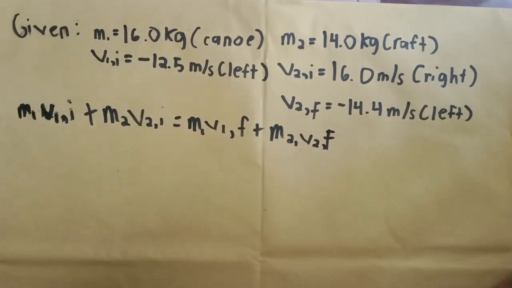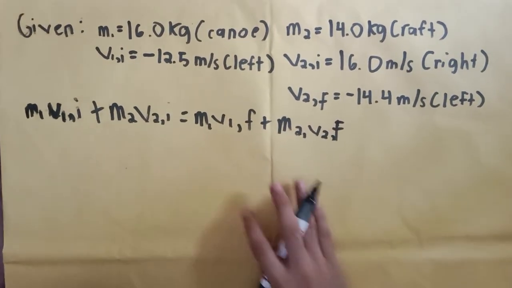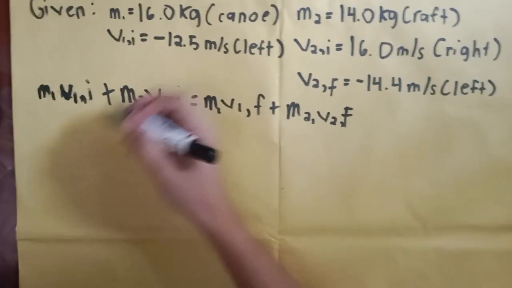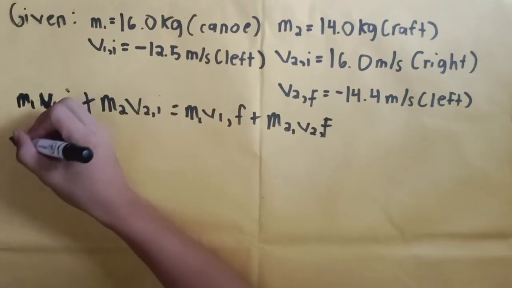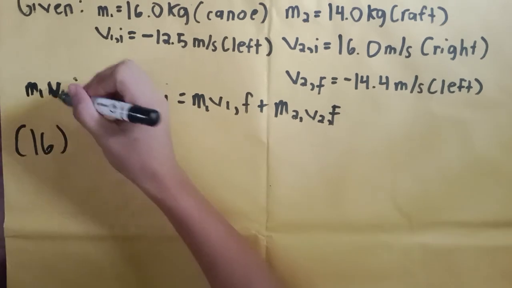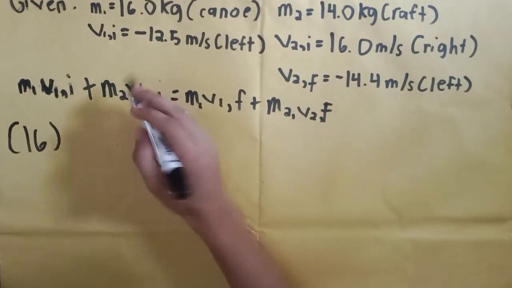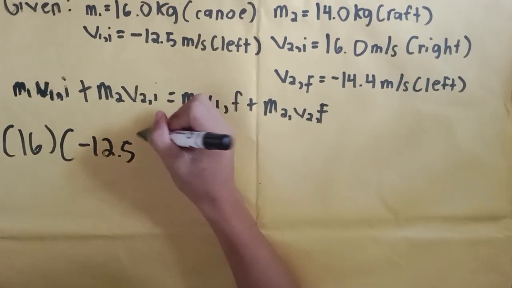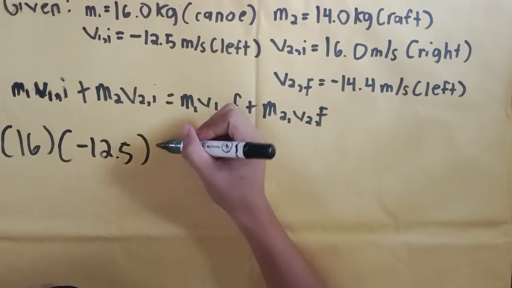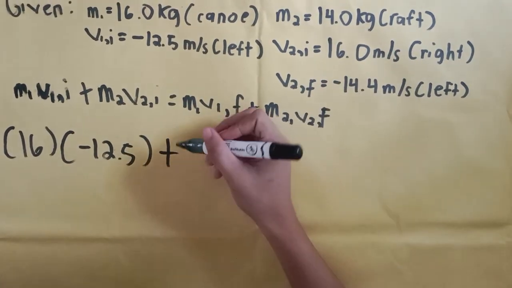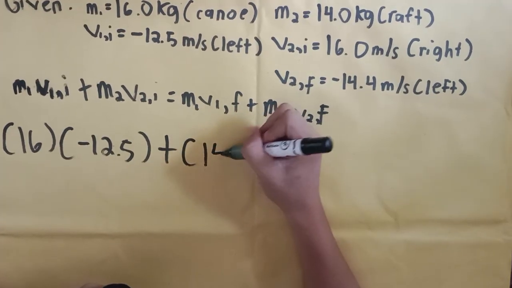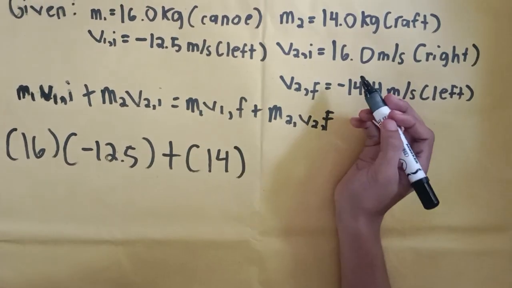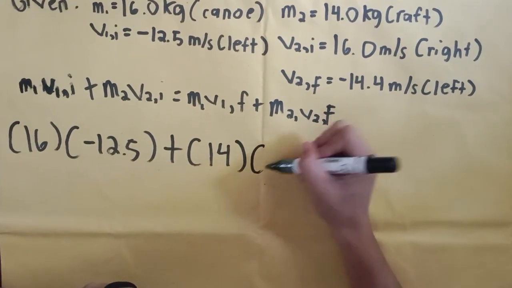So let's just substitute the given. m1 is the 16 kilogram of the canoe, so 16, and our v1 is negative 12.5, plus our m2 is 14 kilogram, the mass of the raft, and our v2 is 16 meters per second.